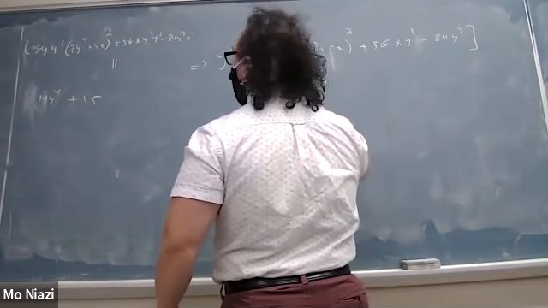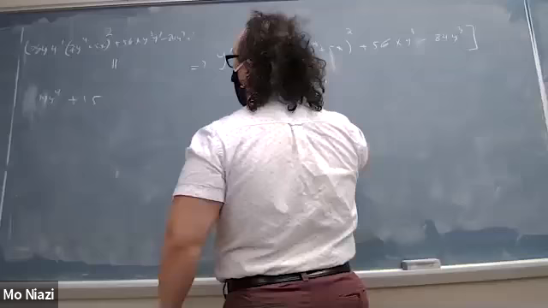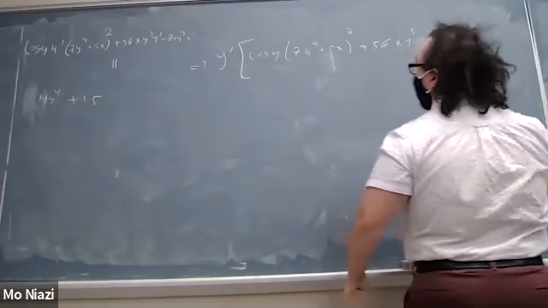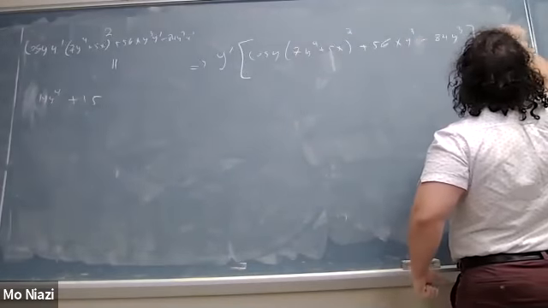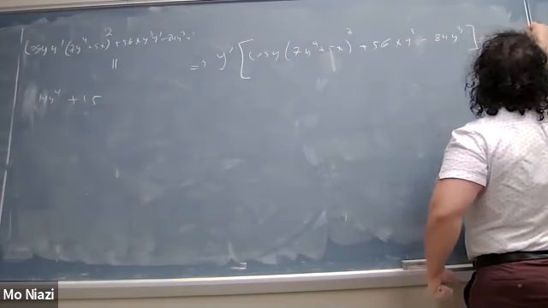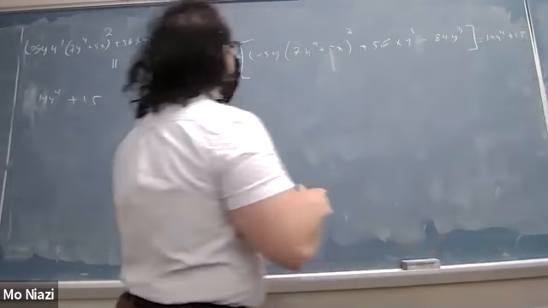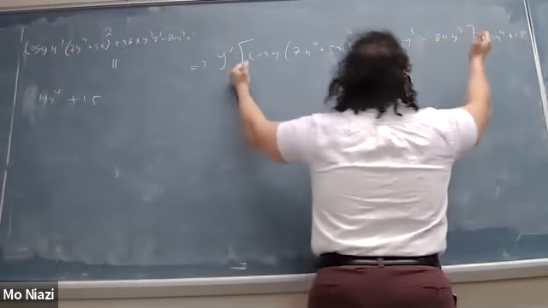That's equal to 14y to the 4th plus 15. And then we divide both sides by what's here in this bracket, and we're done.